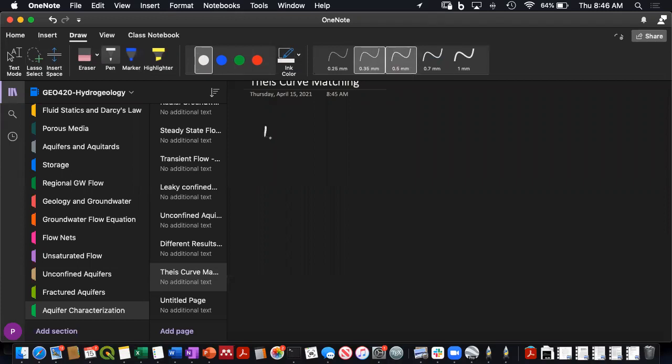So one, overlay the data. Well, first of all, we need to ensure data and type curve scales match in size.